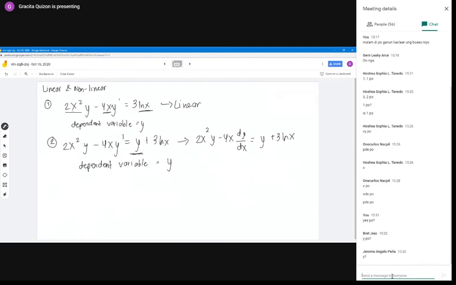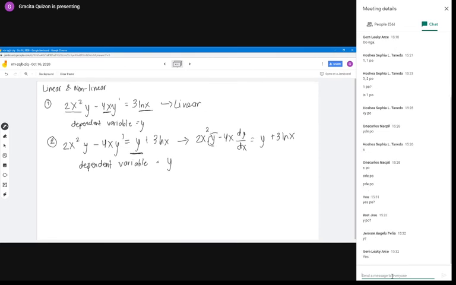That means all their exponents should be 1. So we are okay with the first rule. For the second rule, we check that there is no product of the dependent variable or any of its derivatives. Are we multiplying the variable y by the derivative of y or by y itself? No, because what we multiply is the variable x. So we are also okay with the second rule.